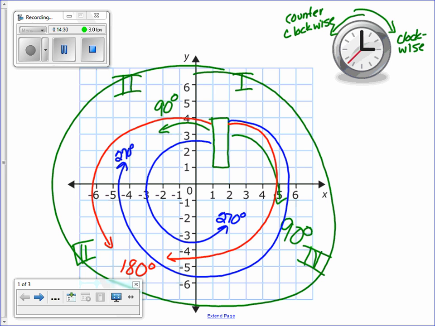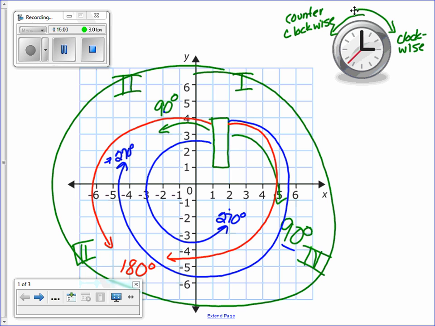Okay, so rotating an image 270 degrees clockwise is the same as rotating it 90 degrees counterclockwise. Rotating an image 270 degrees counterclockwise is the same as rotating it 90 degrees clockwise.